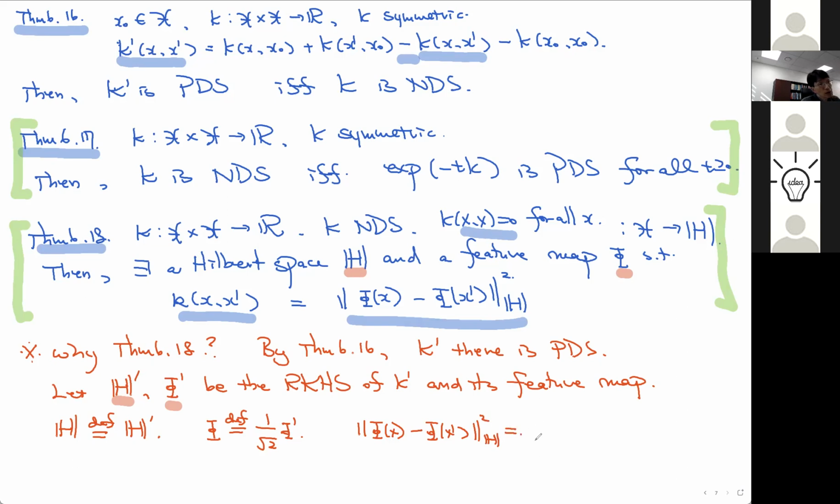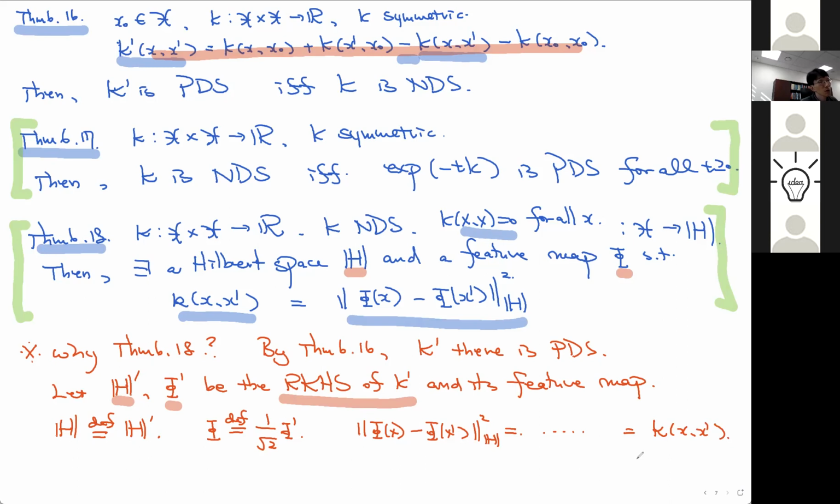So then this can be simplified, and eventually you can use the equality of k prime here, and also the fact that H prime is an RKHS of k prime. By using this, you can eventually show this is the same as k of x and x prime.